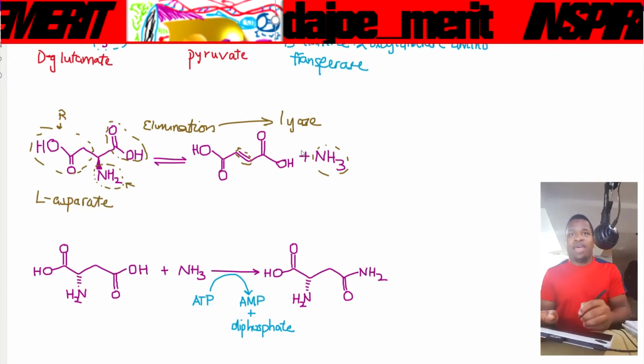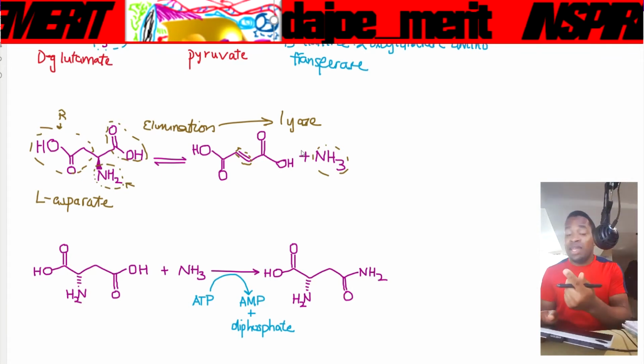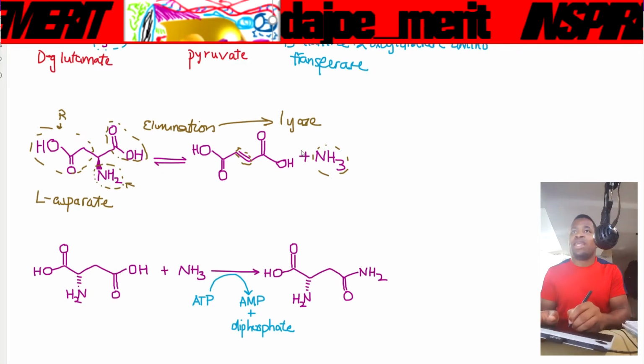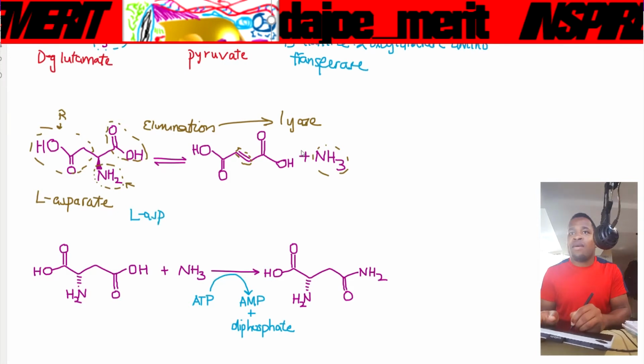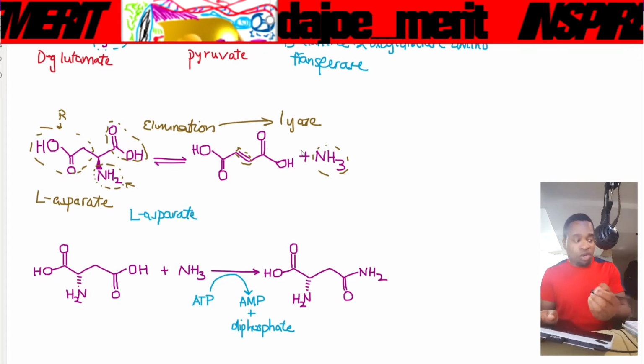And once you have that, then you can just go with the substrate, the eliminating group, and then lyase. So the substrate name here is called the L-aspartate. The eliminating group is the amino group.